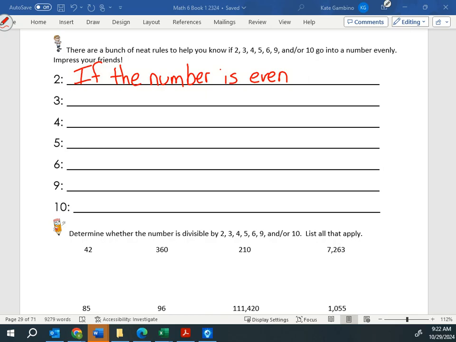To know if it's divisible by 3 is if the sum of the number's digits is divisible by 3.